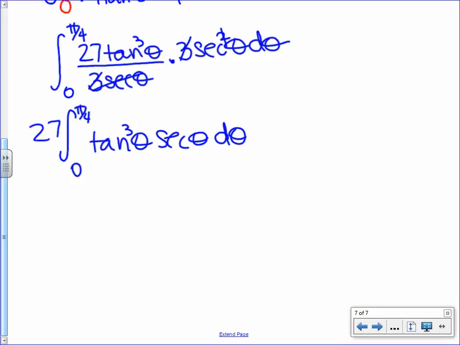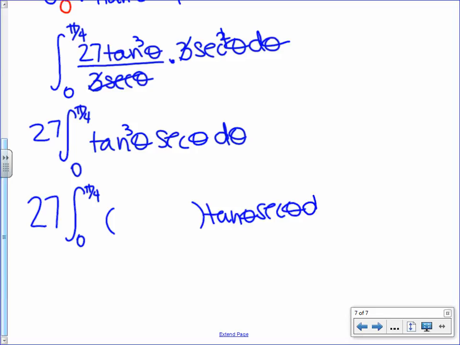Okay, if we want to integrate this, we can't do u-substitution yet. So we'd want to change one of the tangent squares. Tangent squared is secant squared plus 1.